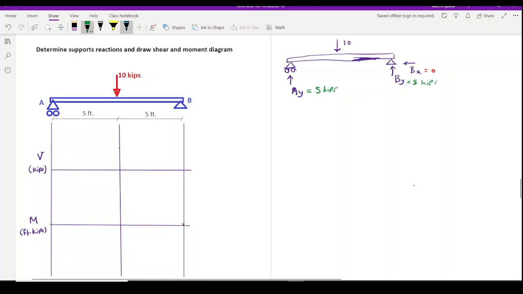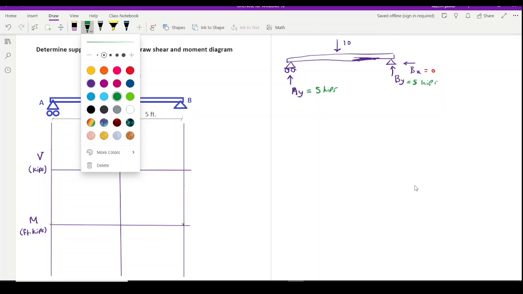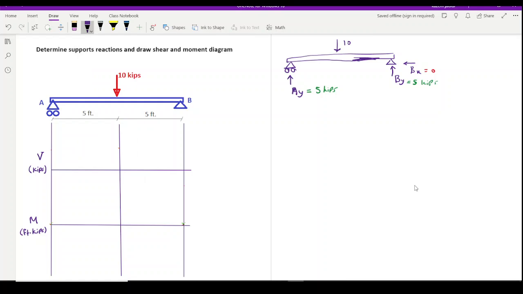Now, one last thing is, we know that these two types of supports are not able to provide any support against moment. That means that Ma is equal to Mb, and that is 0.